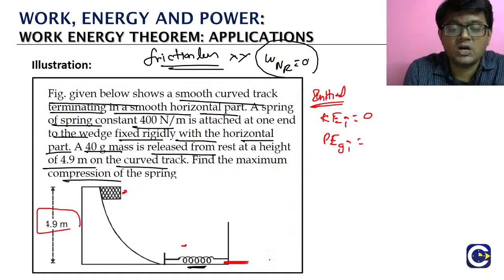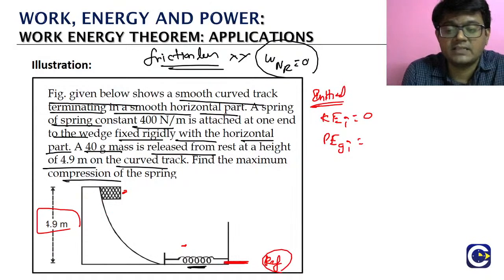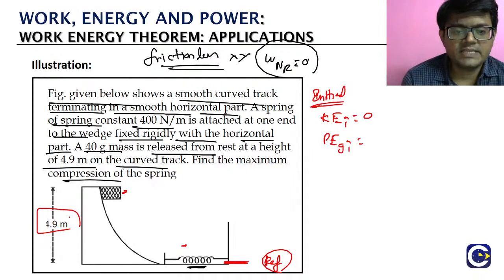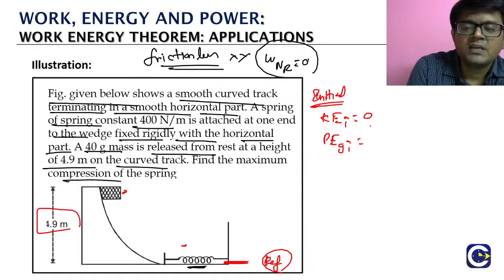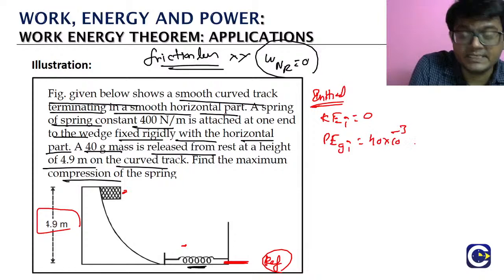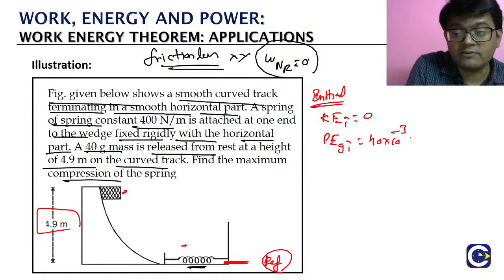So we will take this horizontal as the reference. What is the height? 4.9 meters. Which means the gravitational potential energy will be mass, 40 grams, so 40 into 10 power minus 3 as we converted to kg, into g. What value of g can we take?